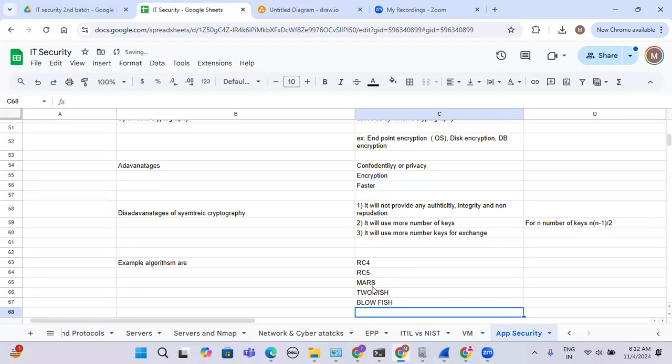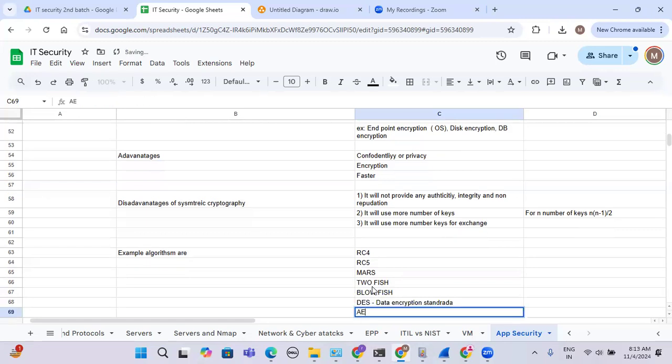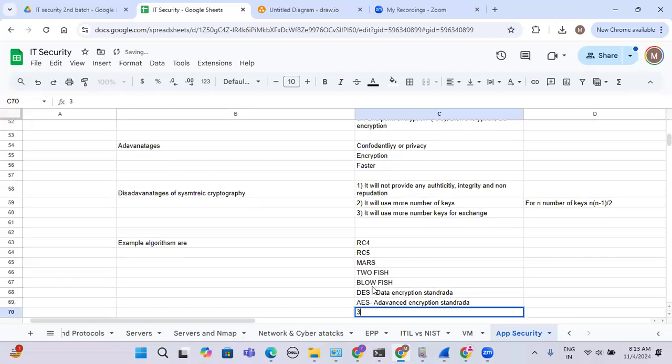In a similar way, we have DES, Data Encryption Standard, AES, Advanced Encryption Standard, and also 3DES. It's a little more advanced version once again.